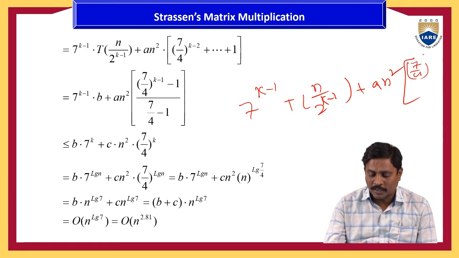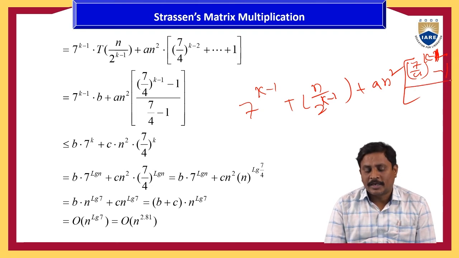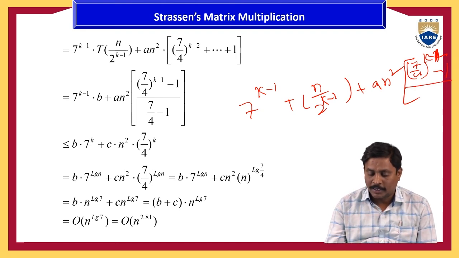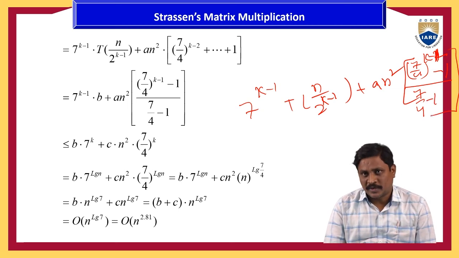7 by 4 whole power k minus 1, minus 1, divided by r minus 1, so a into r power k minus 1 by r minus 1. R minus 1 is 7 by 4 minus 1, using the geometric progression formula.